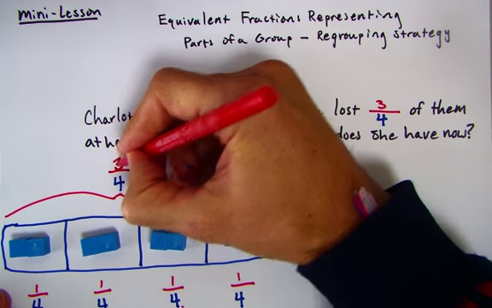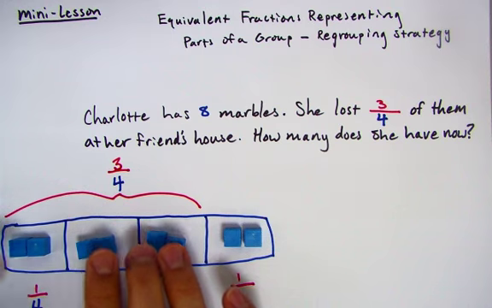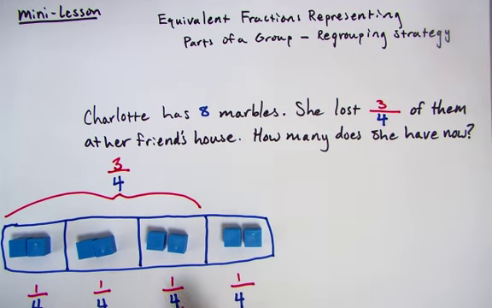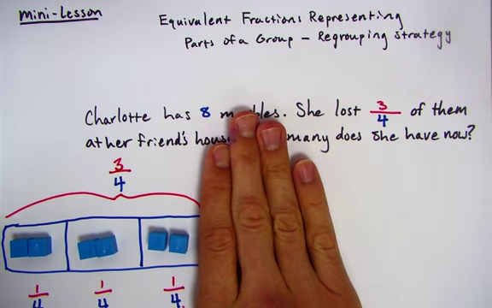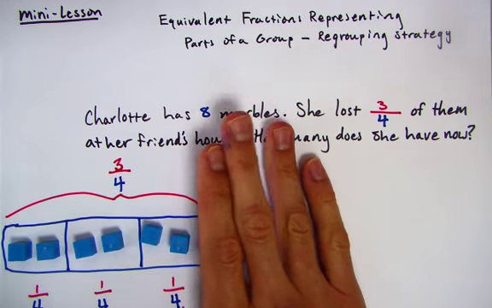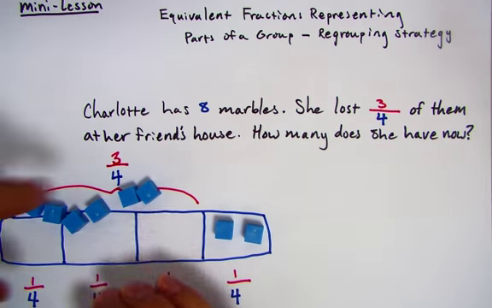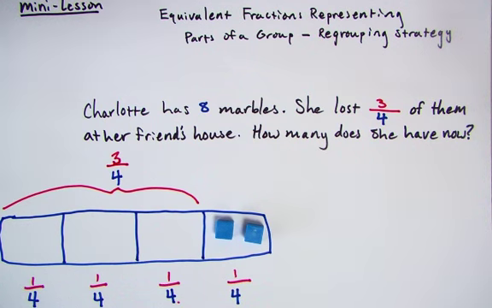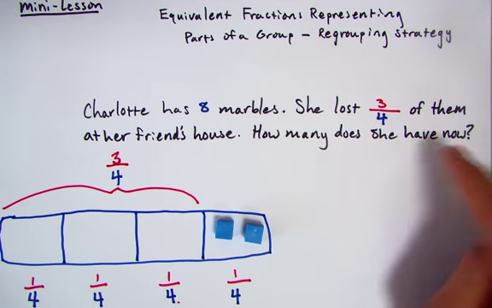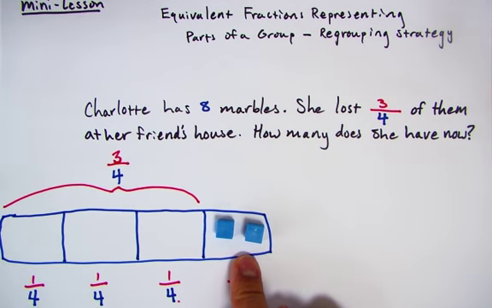Let me fix that. This is 3/4 right here. Just this. So how many marbles did she actually lose? Well, 3/4 right here is 1, 2, 3, 4, 5, 6. She lost 6 marbles. So let's put those somewhere else. Now, how many does she have now? 2. She only has 2 marbles left.